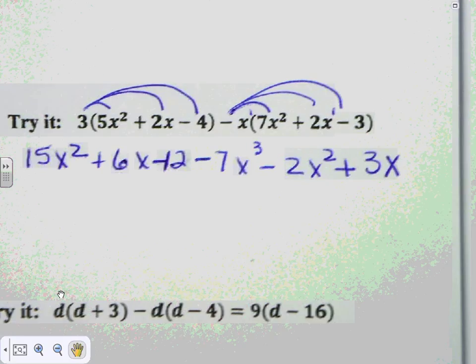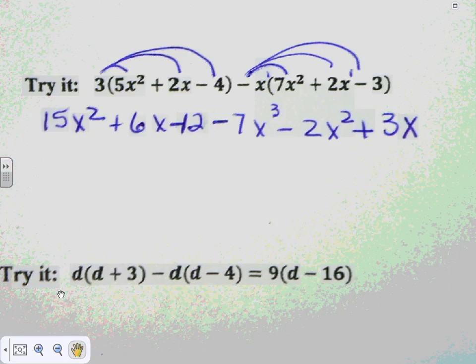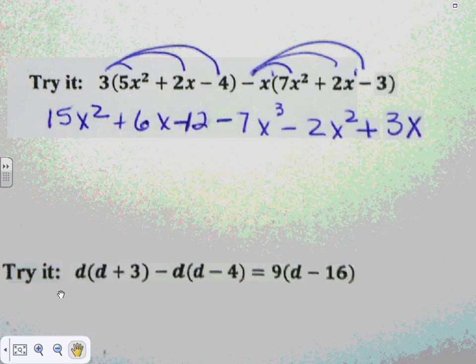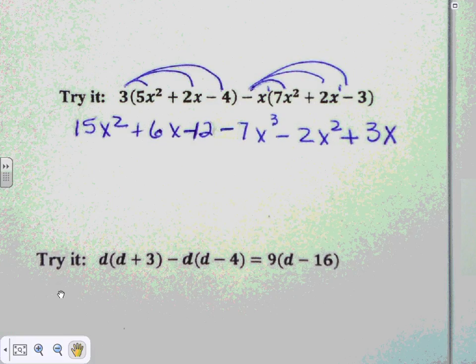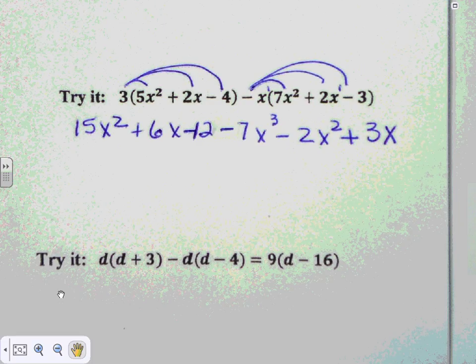Okay. Check your answer for that first row. Make sure you're good before you go any further. Are you okay?